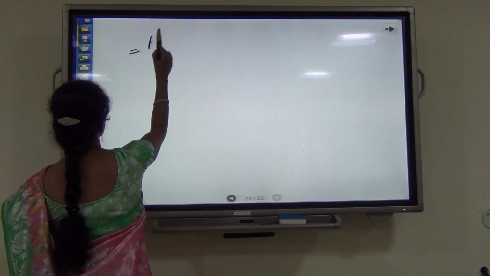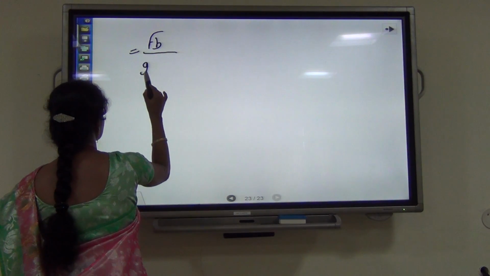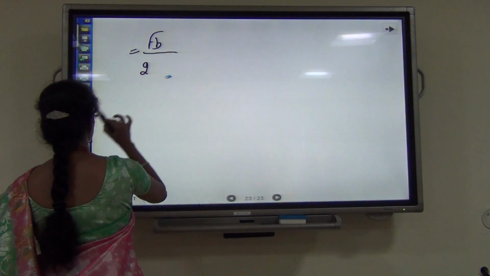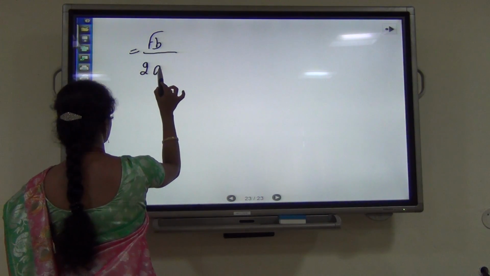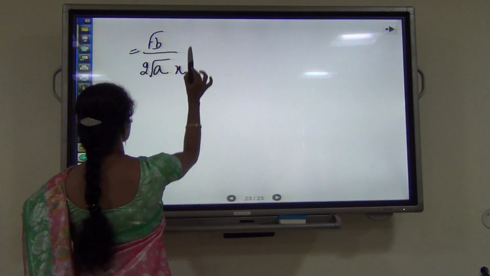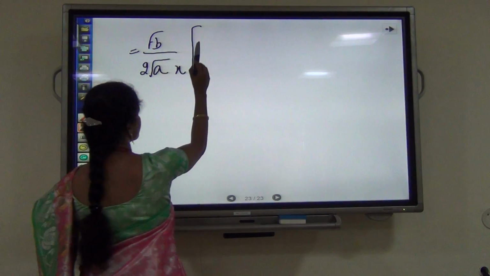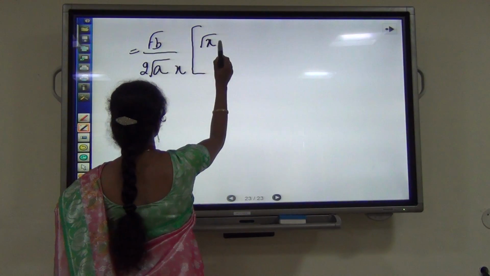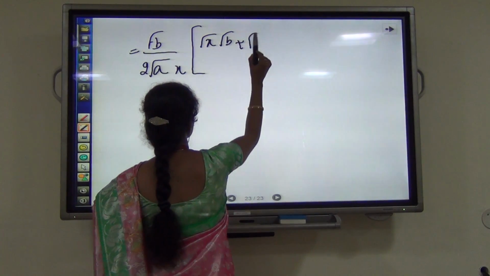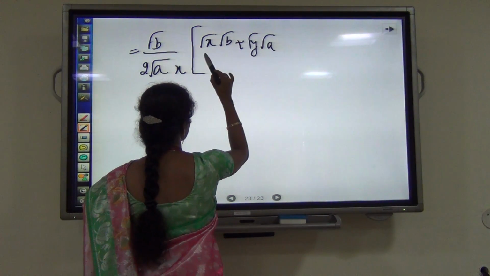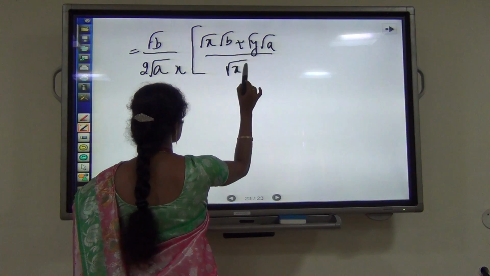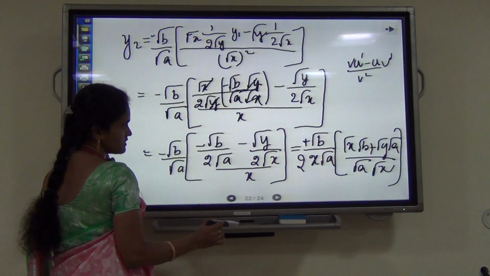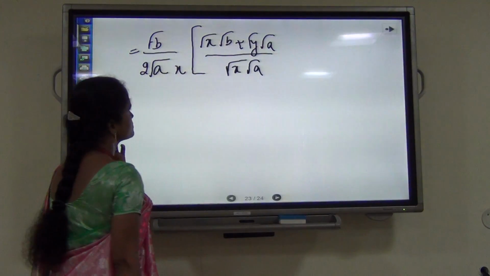Root b by 2 root x, it's just x root b, is a root a x, and here we have root x root b plus root y root a divided by root x root a, divided by root a root x, that is root x root a.